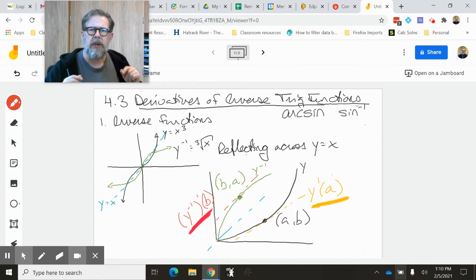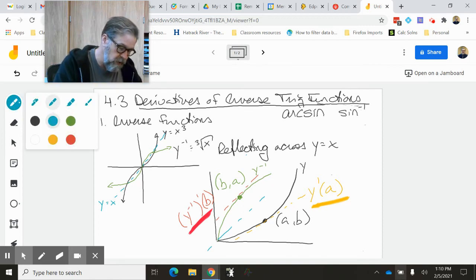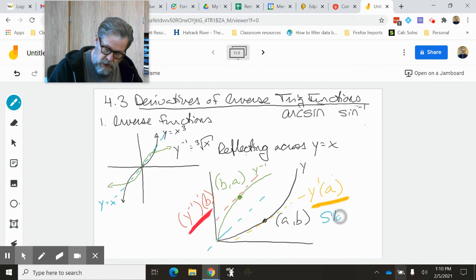Now, here's what I know about these tangent lines. The slopes of these two tangent lines are reciprocals.